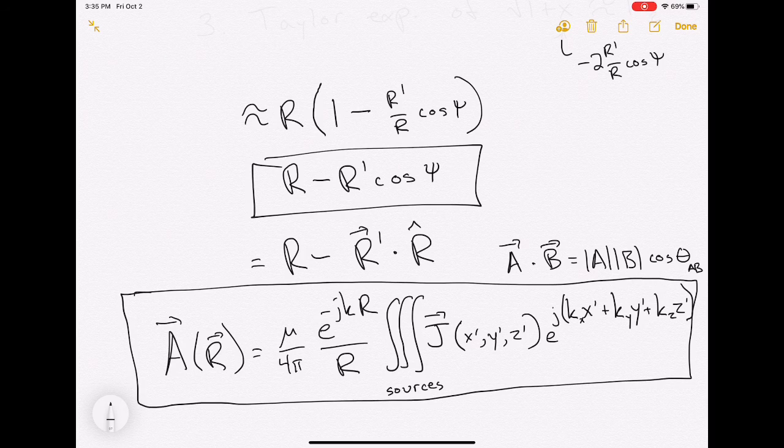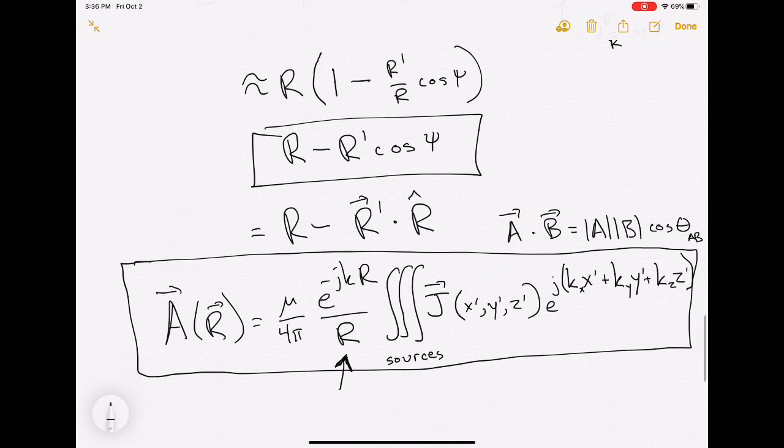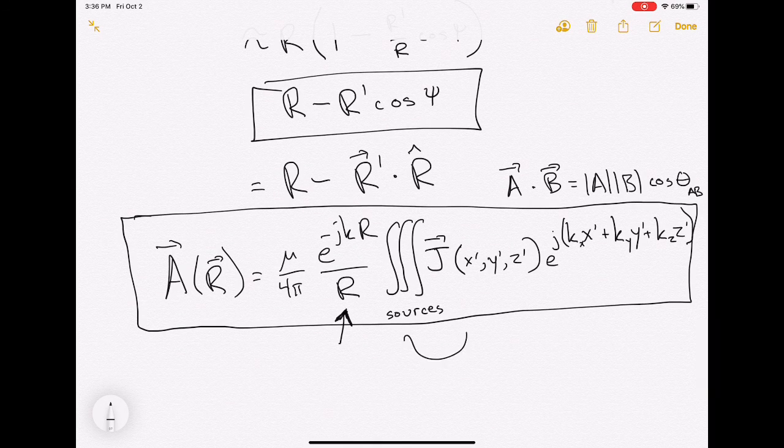This is nice. Exponents are really simple to integrate, and we have a simple dependence on the distance from the source. But it's not only that. This part is a 3D Fourier transform.